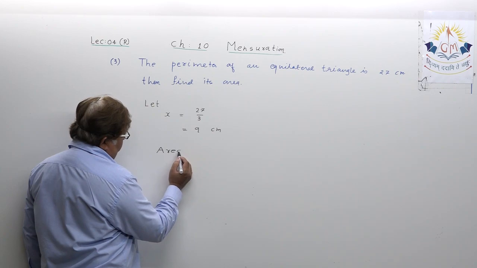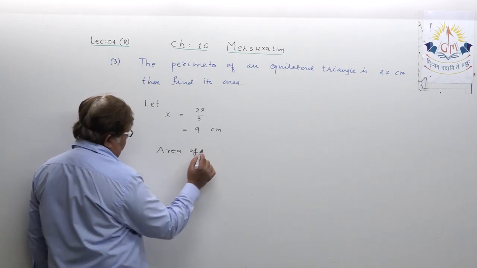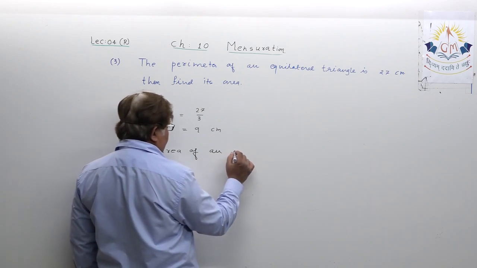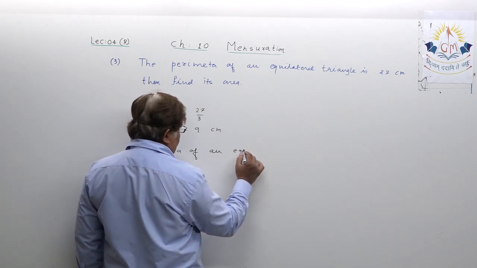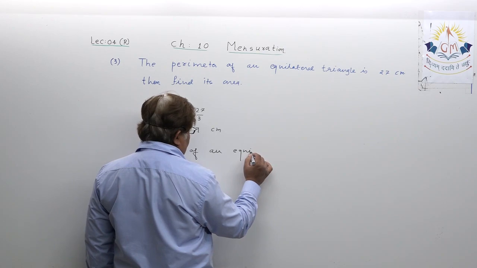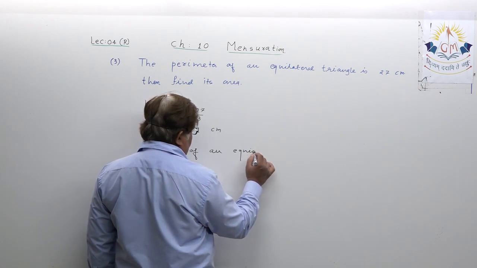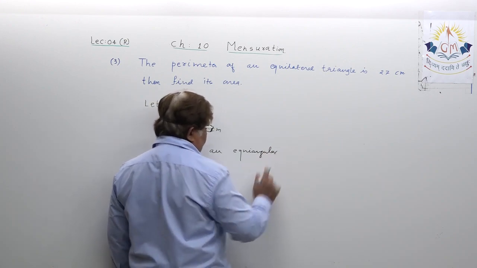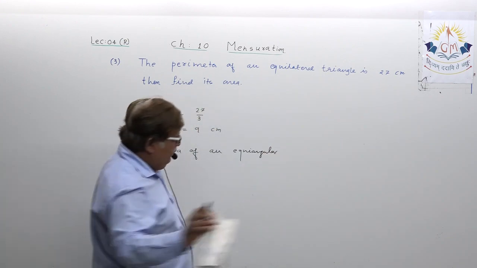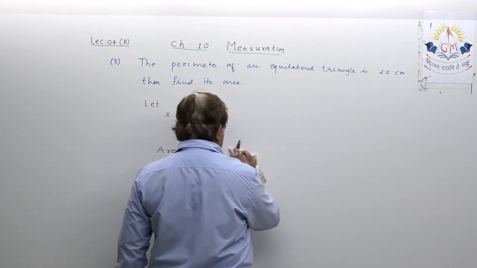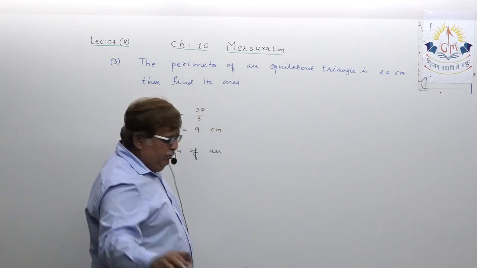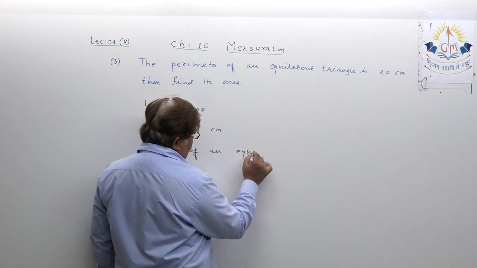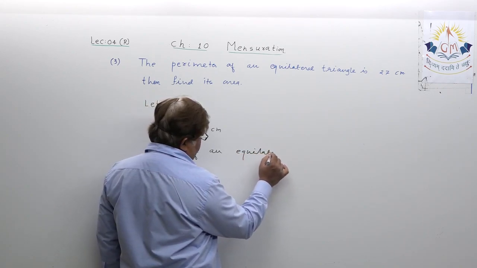What is the formula? Area of an equiangular, even if I write this word, it is also okay, dear student, because one basic of maths: equiangular triangles are always equilateral.